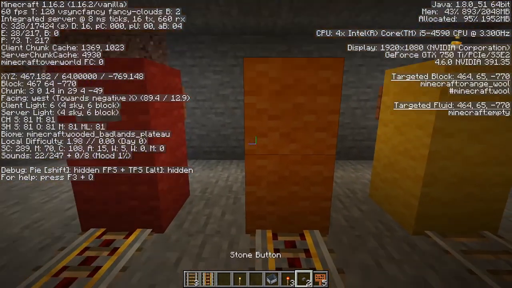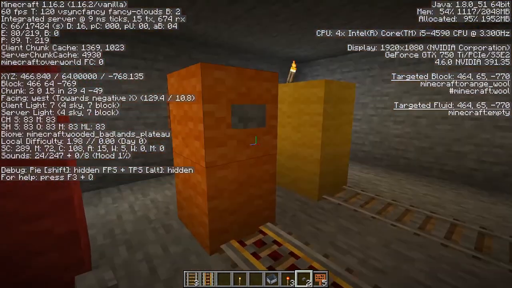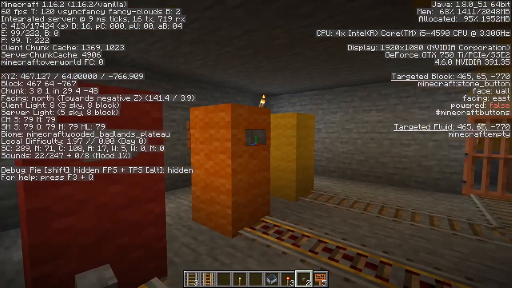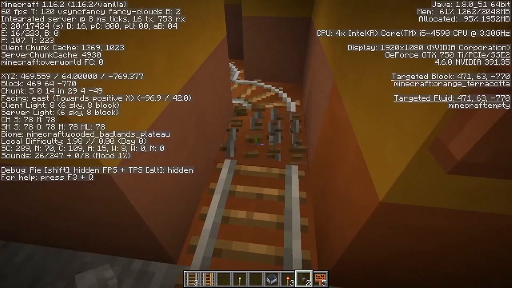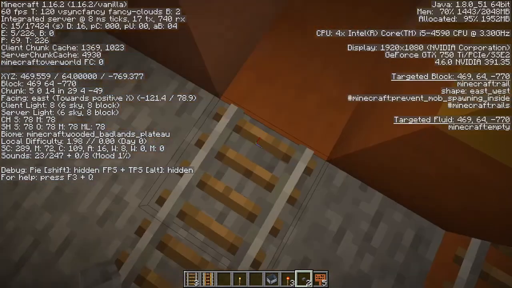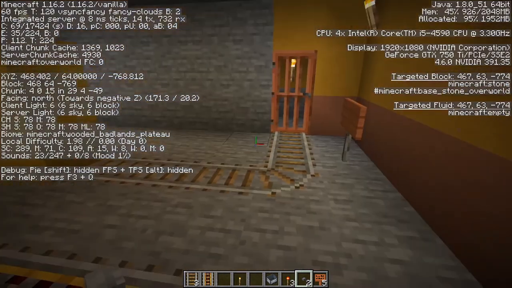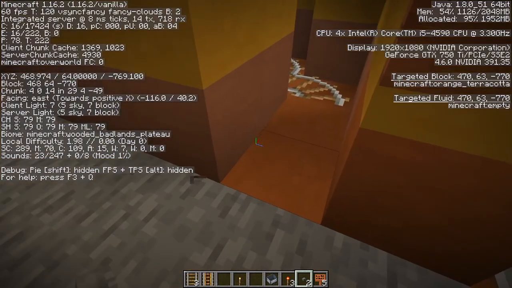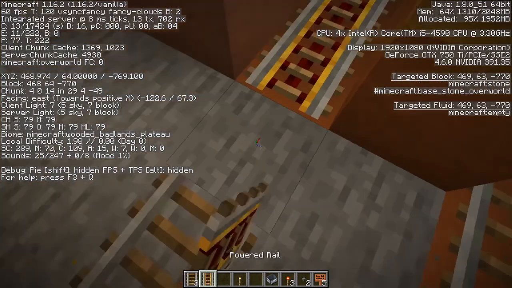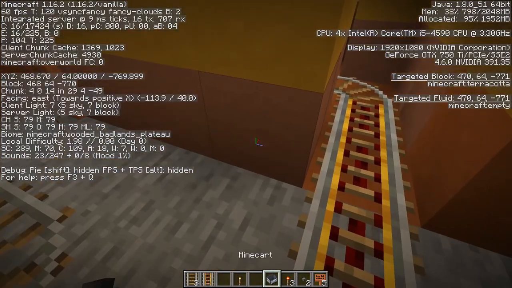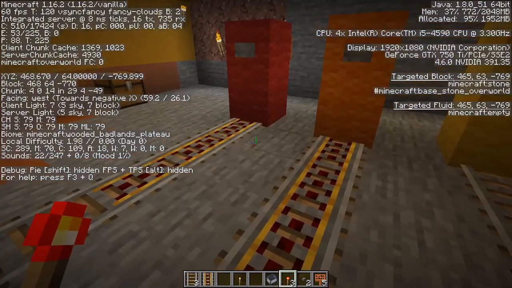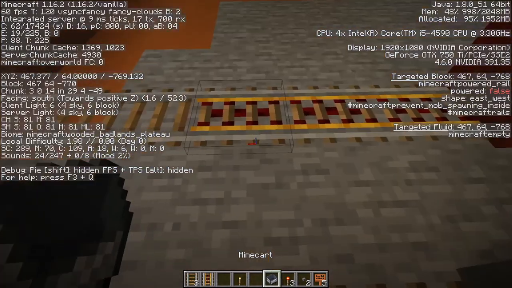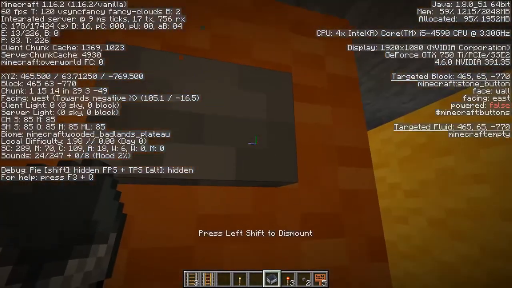Add a button. So the button will give a pulse of power and then turn off, like that. Probably need some extra power, because we are going up a hill, so as we've learned, hills take more power than going on a stable flat way. Okay, so let's see if it works.